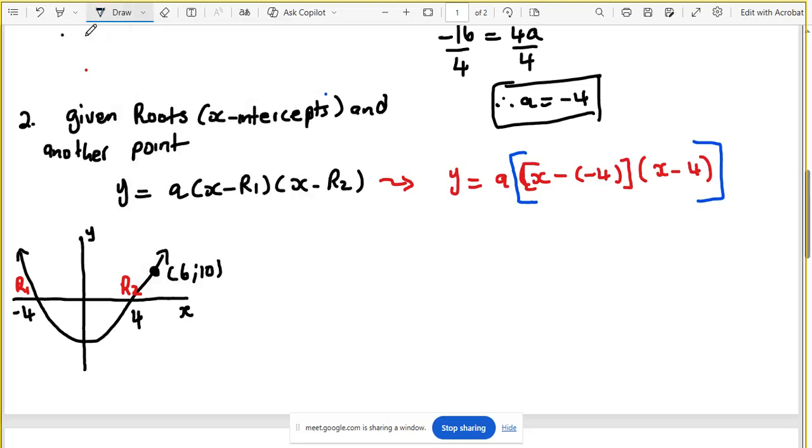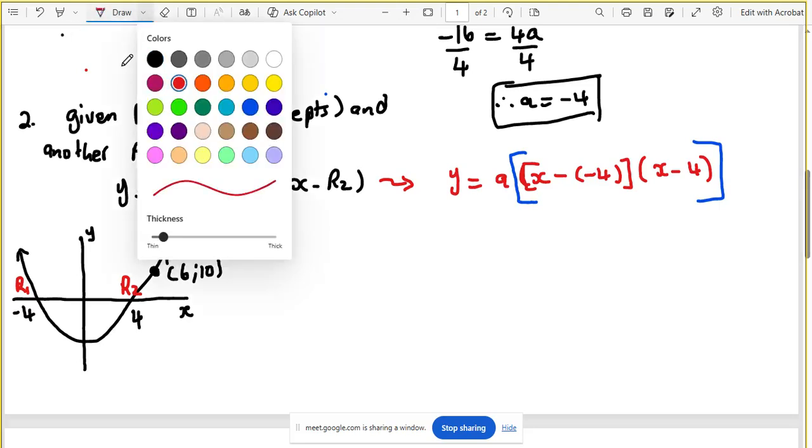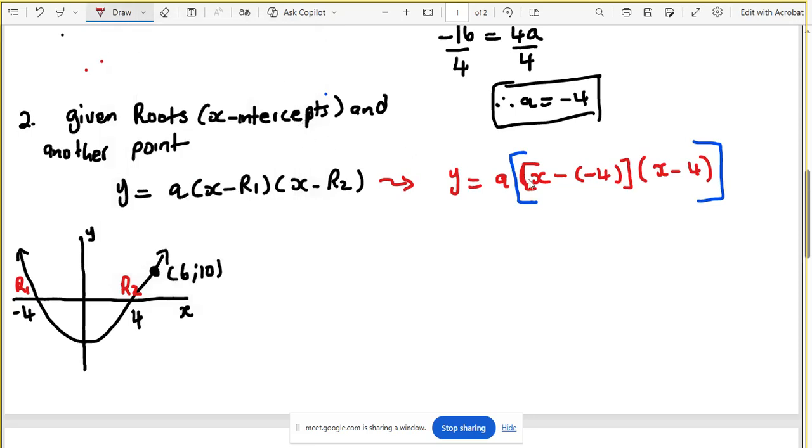So now when you look at this, what we have inside, we need to multiply out the bracket here by negative and a negative, which will give us x plus 4 into x minus 4. Therefore, everything here should be multiplied by a. Right. So if you are happy about that, what should we do next?